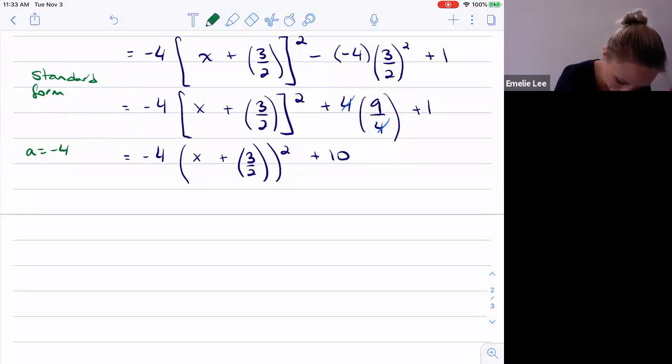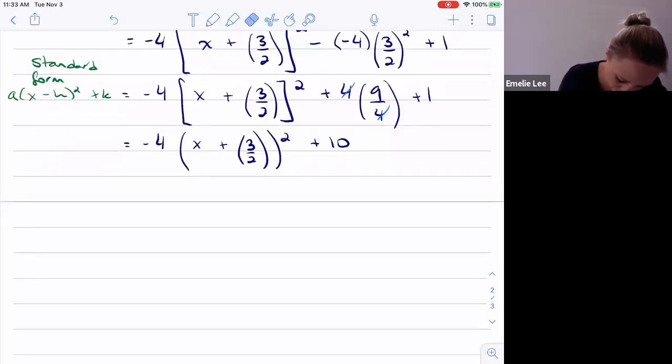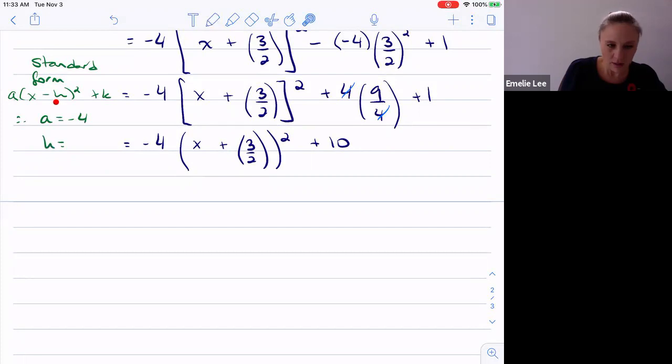I'll rewrite this out: a times x minus h squared plus k. So a is negative 4, I'll write that up here. Therefore, a is negative 4. H has to be minus h, so h must be negative 3 over 2. And k is 10. Okay.